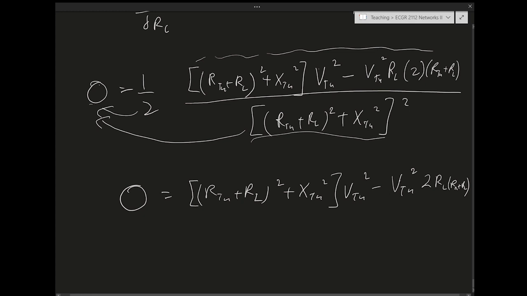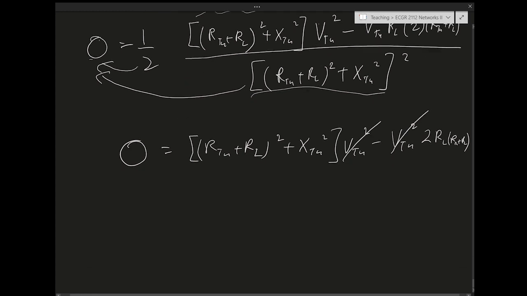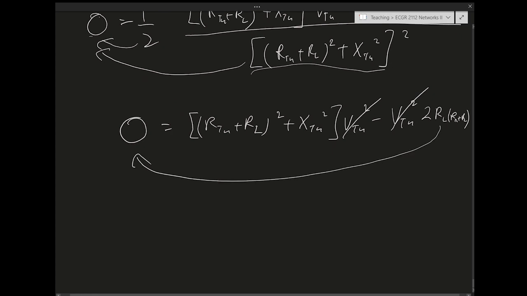I can cancel out V Thevenin squared, divide everything by V Thevenin squared, and I end up with what? Let me move this to the other side. I end up with 2 RL (RL plus R Thevenin) equals (RL plus R Thevenin) squared plus X Thevenin squared.